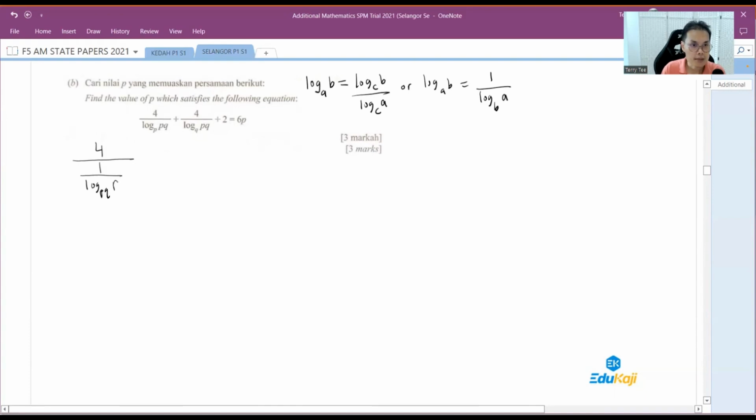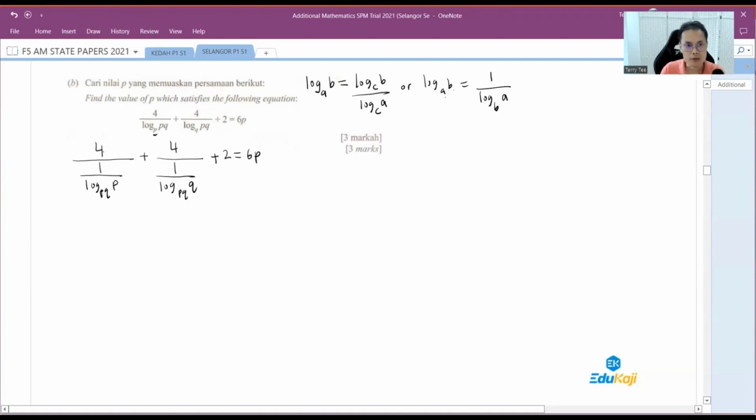This new base is pq, the new number is now b. So notice I actually interchange a and b. So a becomes a number, b becomes a base. Now similarly, pq becomes a base, p here becomes a number. Then you continue with the second one, 1 over log base pq, your number is now q. And you add with 2, the result is 6p.